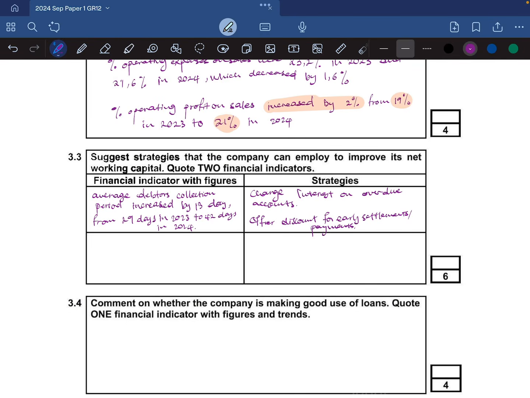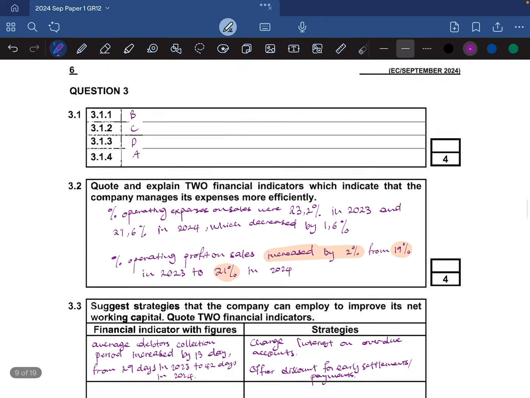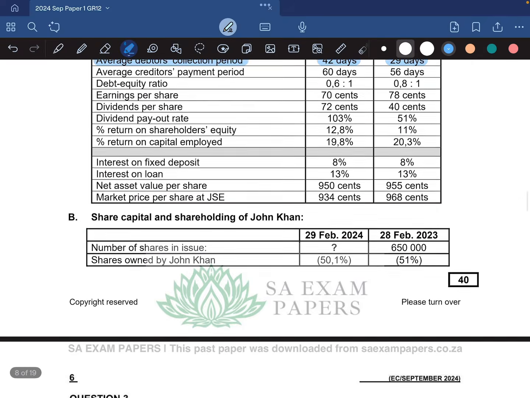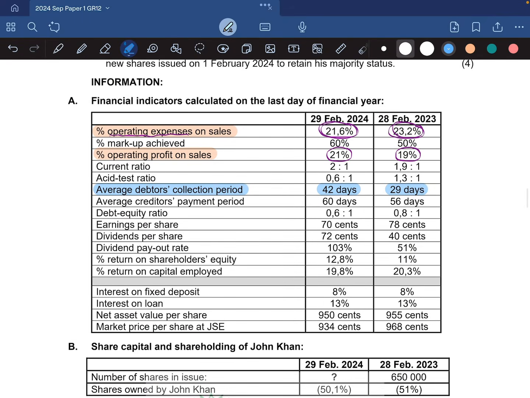Right. And then now we're going to look at the second one, which I talked about, the asset test ratio. So here on our information A, the asset test ratio that we had was 0.6 is to 1 in 2024, 1.3 is to 1 in 2023. The asset test ratio shows us how much cash we can generate without the sale of inventory.